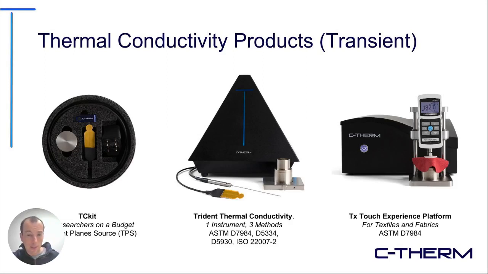It has the flexible TPS, it has the robust needle probe, and it has the high sensitivity, high accuracy, very versatile MTPS sensor. And it's the MTPS sensor, which stands for Modified Transient Plane Source, that you'll see featured inside of the high pressure cell that we offer. To the right, you see a product that's really more oriented towards the textile field, and that is the TX Touch Experience platform.